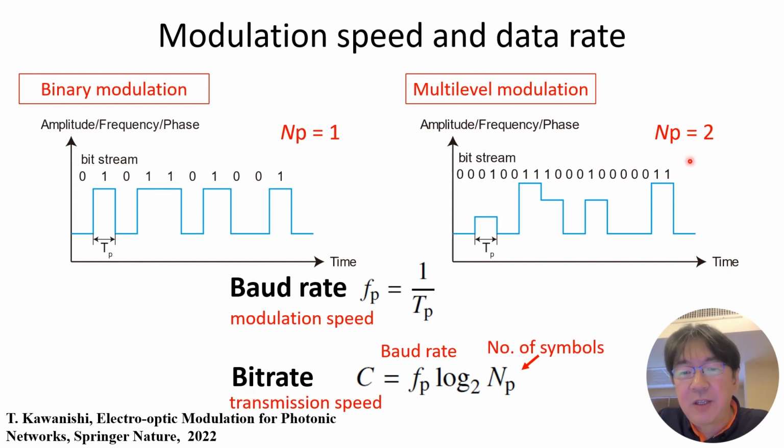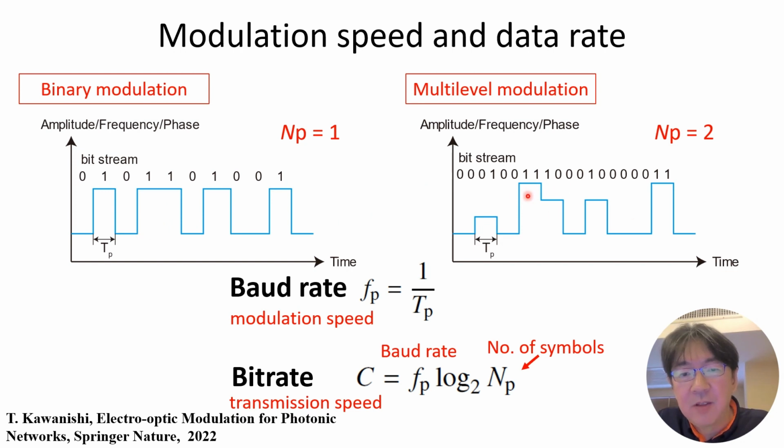Of course, if we can increase the number of symbols, we can easily increase the bit rate, but it's not easy to generate multi-level modulation signals. We have to use a complicated modulation scheme, and we have to take care about the noise because the difference between, for example, these two symbols is not so big if we compare with binary modulation scheme.